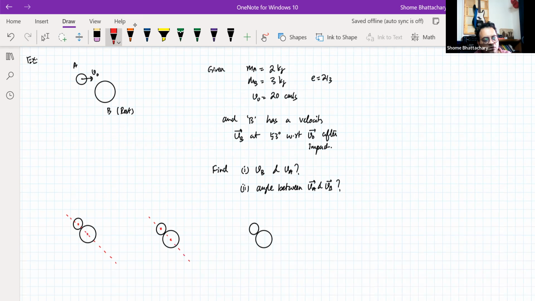In this question, one thing that is easy for us is we already know the angle of this center to center line with respect to the initial velocity V naught. You'll realize why we know that, because B's final velocity will be along the impulse, because B was at rest initially.